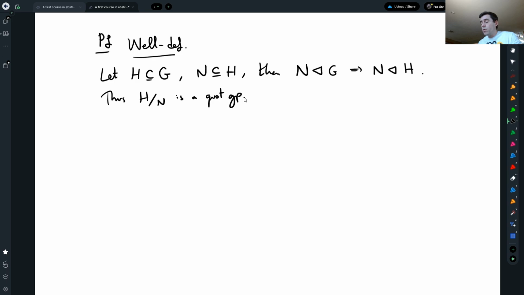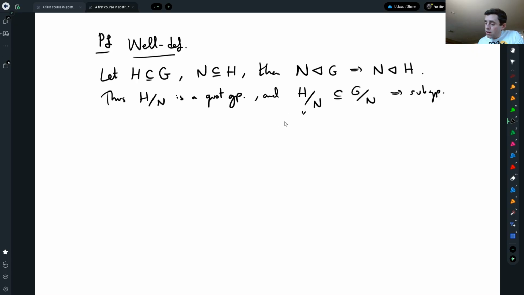So it is a group and it is a quotient. And clearly, H modulo N is contained in G modulo N. They are contained and it has the same operation, so it is a subgroup.